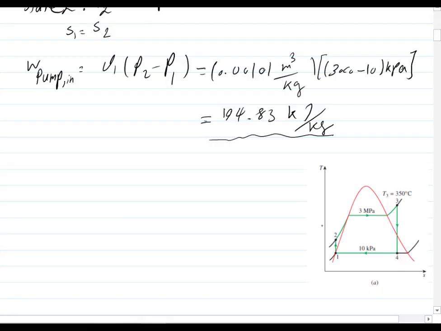Okay, now we reach state 3. Let's see how we can find the enthalpy for this state.